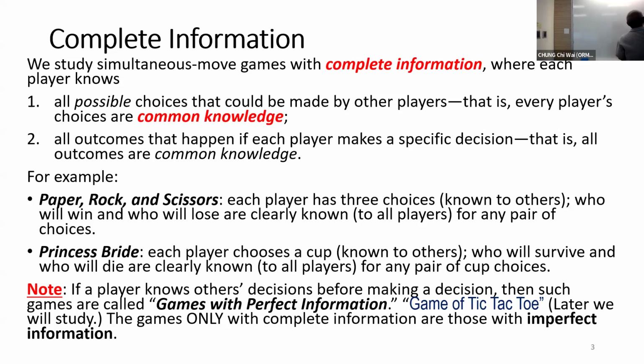So I suppose the second player puts the circle in this position, then it goes back to the first player. The first player again has perfect information about the choice of the second player. So when we conduct the simultaneous move game, we consider that information complete but not perfect.